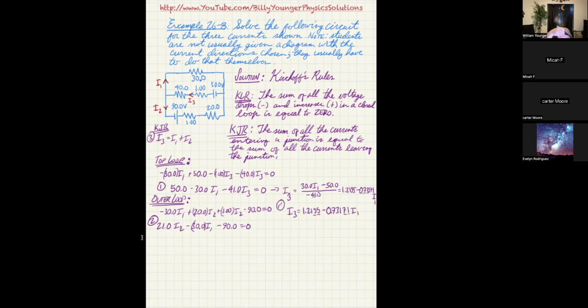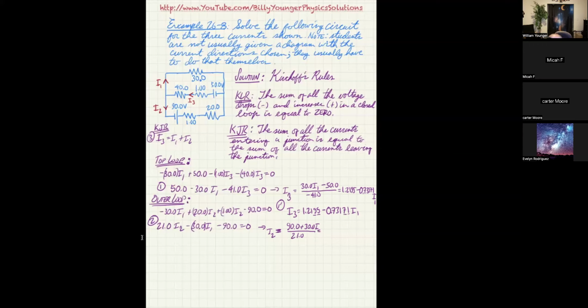Now I'm going to do the same thing for I2. I'm going to solve for I2. And this is going to give me I2 is equal to, I'll pull the 90 to the other side. That'll become, instead of minus 90, that'll become positive 90. So that's 90.0. Now I'll pull the 30 I1 over there. So that'll be plus 30.0 I1. And now I'm going to divide all that by 21.0. This one I might be able to fit a little better.